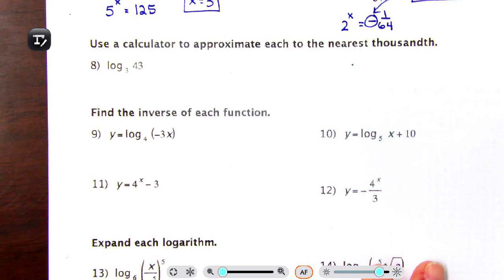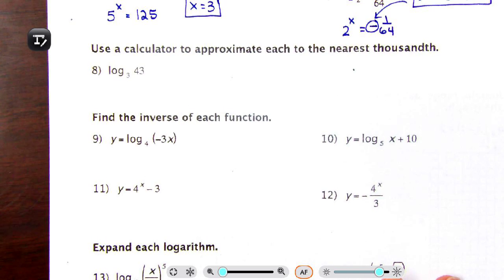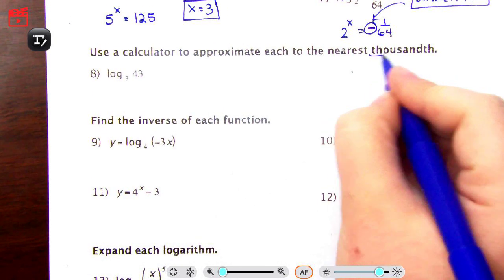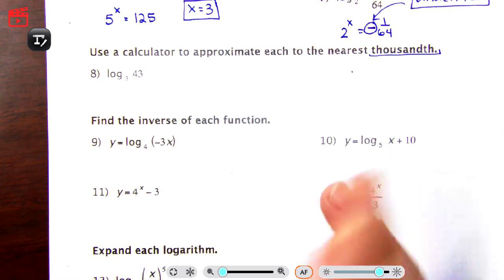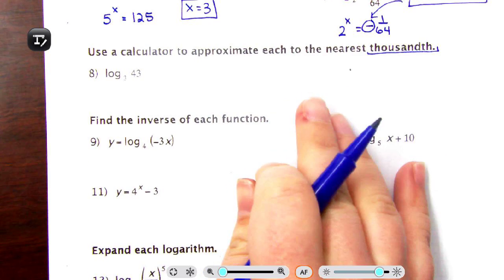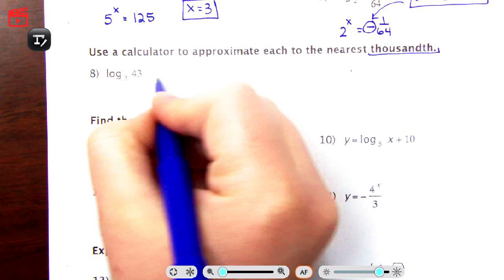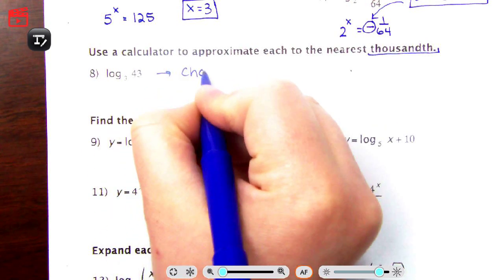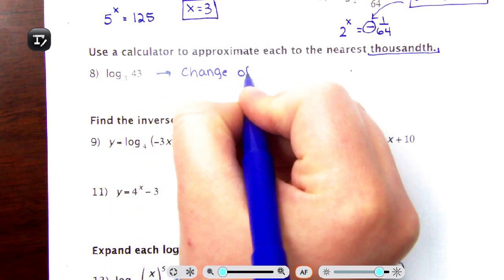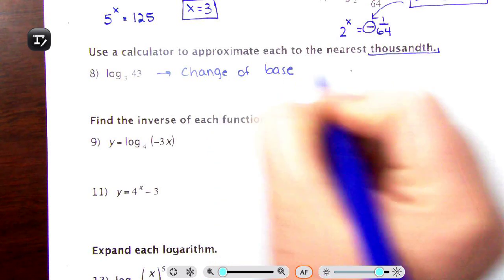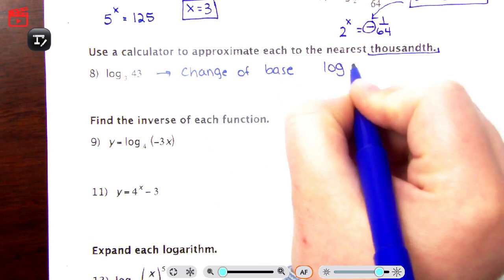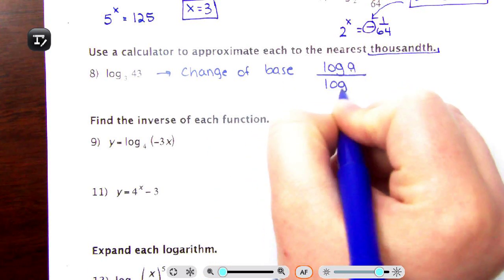Now this one is saying use the calculator to approximate each to the nearest thousandths. So that's 3, tens, hundreds, thousands place. Okay, this is where you need to use the change of base. So you need to remember that log of a divided by log of b.